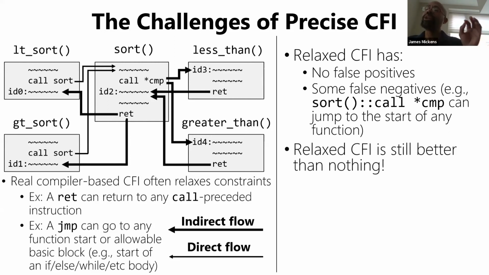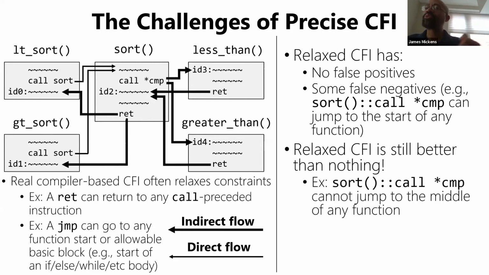Now, I want to emphasize the point that relaxed CFI is still better than nothing. For example, if we look at this call inside of sort, this call can't jump to the middle of any function, if the relaxed CFI constraints are that we only allow calls to go to the beginning of a particular function. So this is nice. The sort call can't go to an arbitrary place.